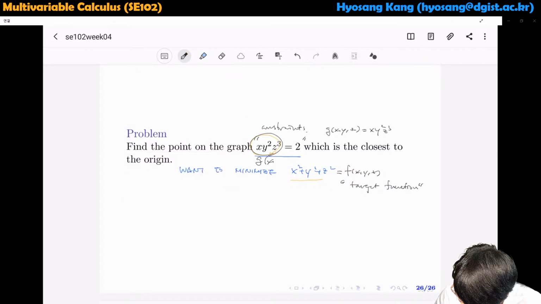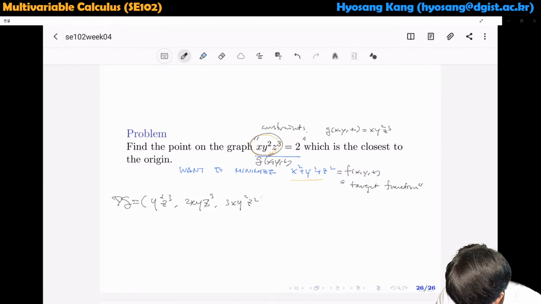This is g, x, y, z. So gradient g is y z cubed, x z cubed, and 3 x y z squared. And lambda times gradient g equals gradient f, which is 2x, 2y, 2z.